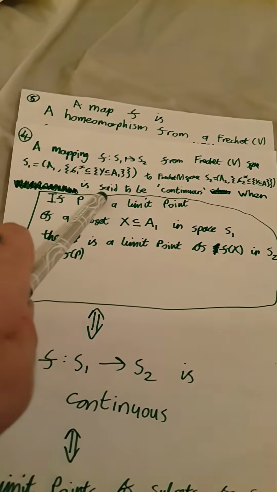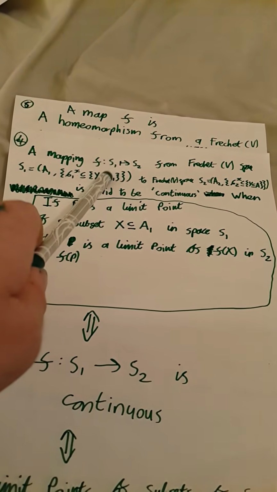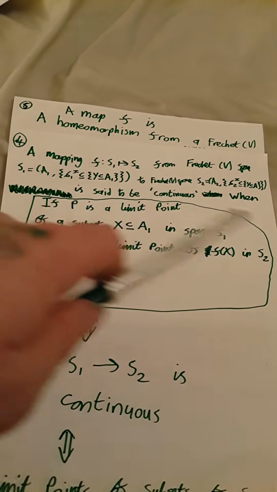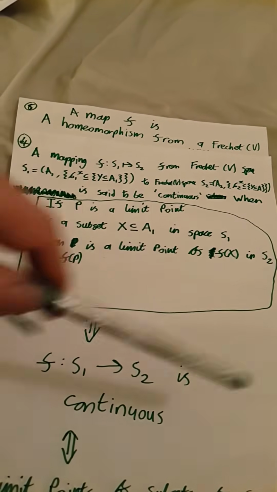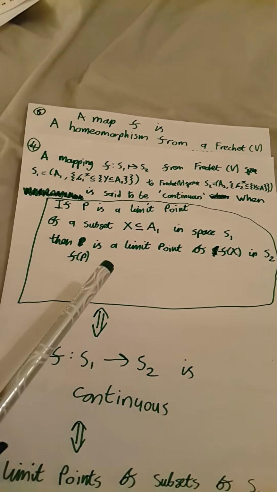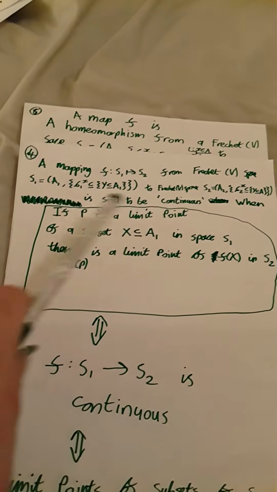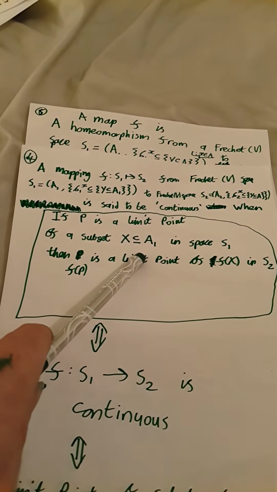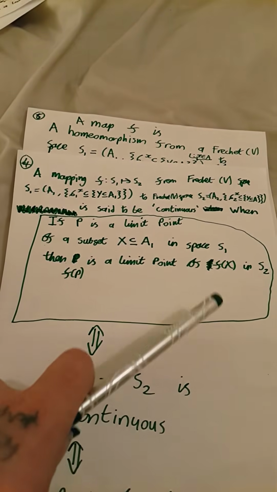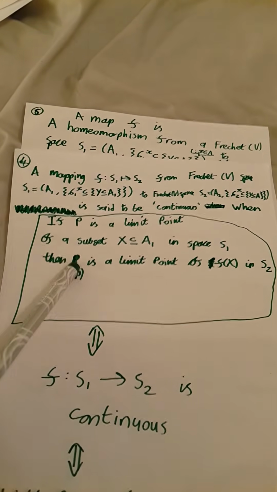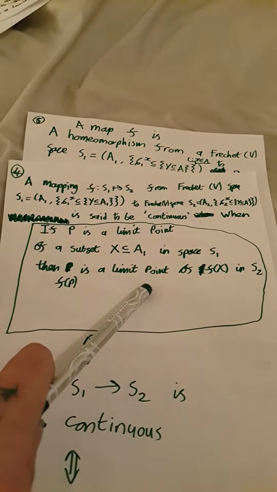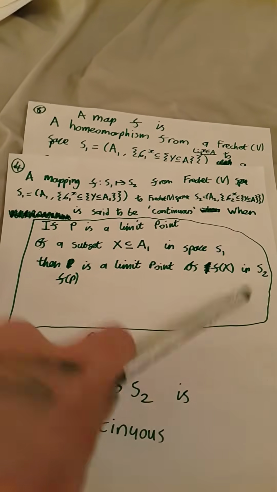So, okay, we have a mapping, let's say, that sends S1 to S2. When would we say that was continuous? Well, here's our definition. The requirement of continuity is that if P is a limit point of a subset X in the first space, then F of P is a limit point of F of X in the second space.